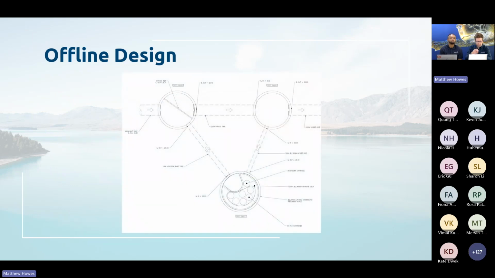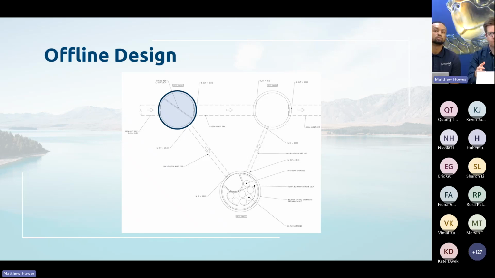So what does this look like in practice? If we think about the offline design, this is a typical offline configuration. We have a receiving manhole that sits on the main stormwater line. We have the treatment device, and whether that's a hydrodynamic separator, a jellyfish, or a storm filter, that sits off to the side.